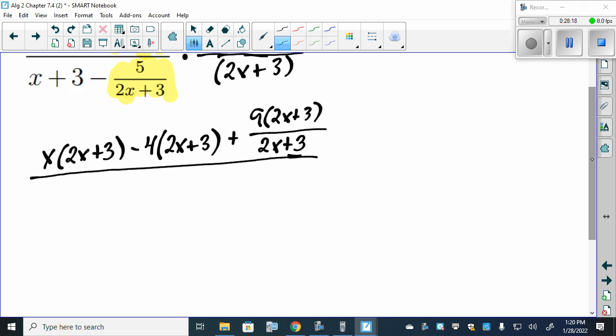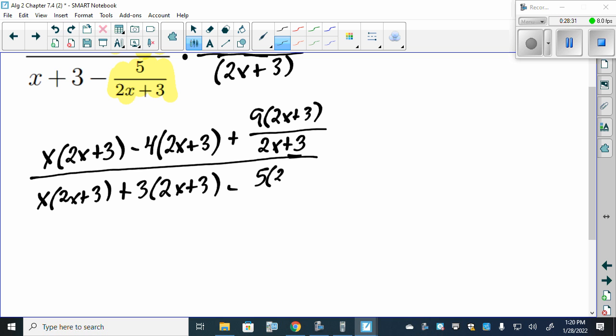In the denominator, we're going to do the same thing. So we'll have x times 2x plus 3 plus 3 times 2x plus 3 minus 5 times 2x plus 3 over 2x plus 3.